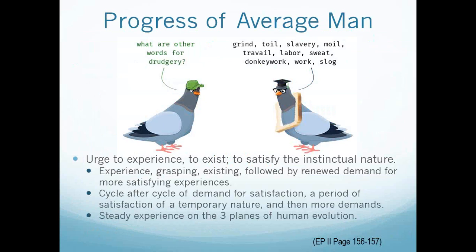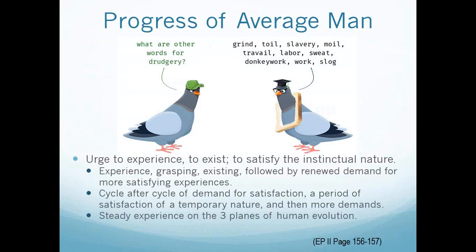For that average person, we have the basic urge to experience, to exist, to satisfy that instinctual nature. There are intense periods of experience, of grasping for things, of just plain existing. These are followed by renewed demand for more satisfying experiences, or chasing fate or destiny.